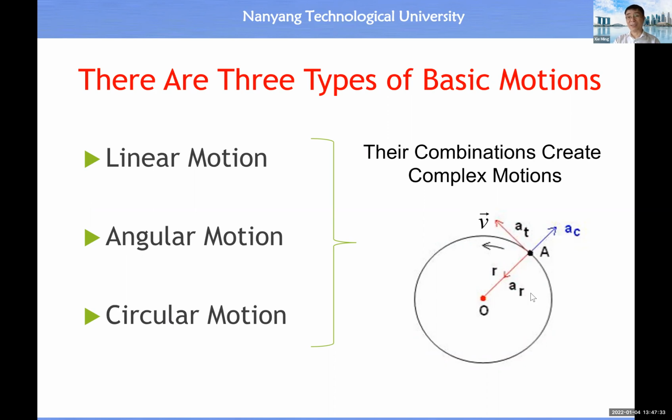So this is a radial acceleration, or centripetal acceleration. This is a centrifugal acceleration, okay, so it's pointing outward. So this one is inward, and we can also talk about the tangential acceleration or circular acceleration. I hope you understand the meaning of this type of acceleration.